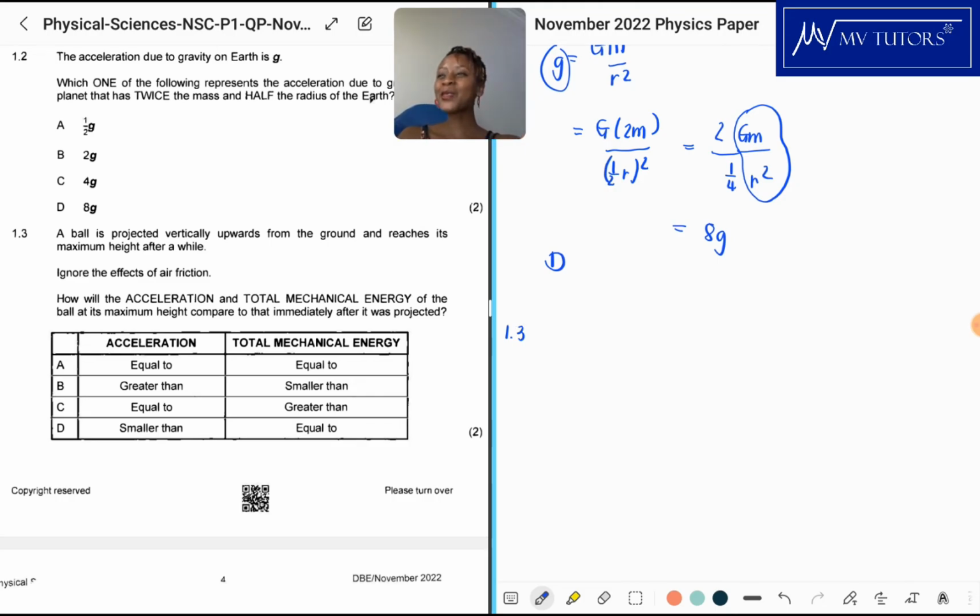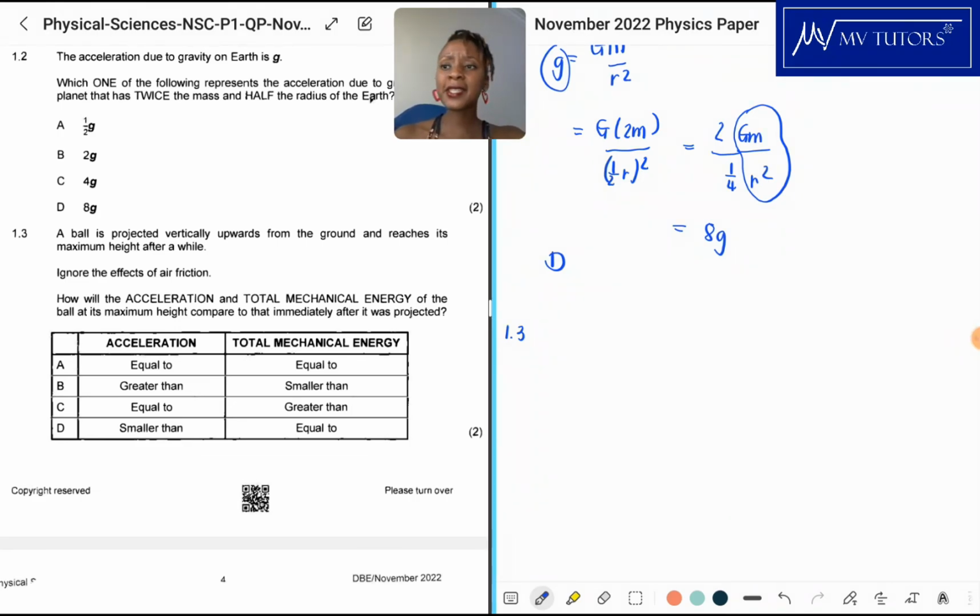All right, so 1.3, it says a ball is projected vertically upwards from the ground and reaches its maximum height after a while. Ignore the effects of air friction. How will the acceleration and total mechanical energy of the ball at its maximum height compare to that immediately after it was projected?